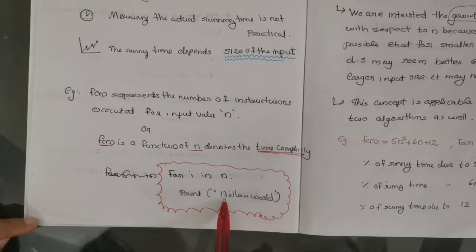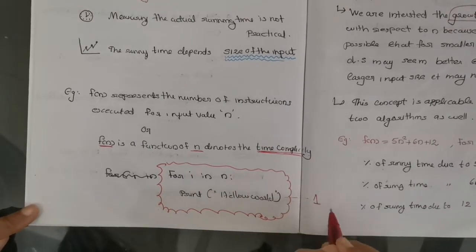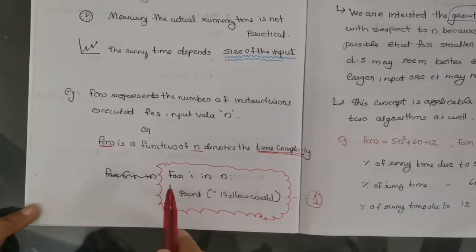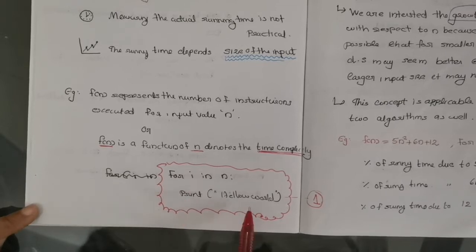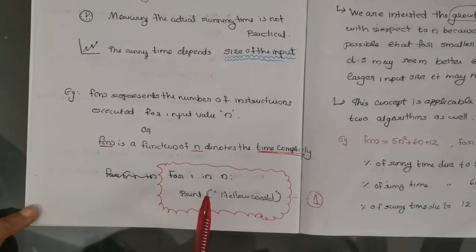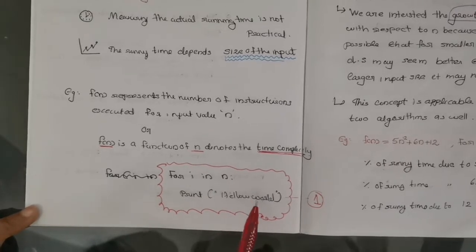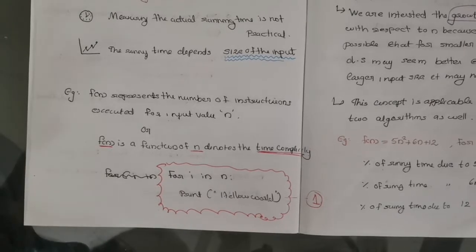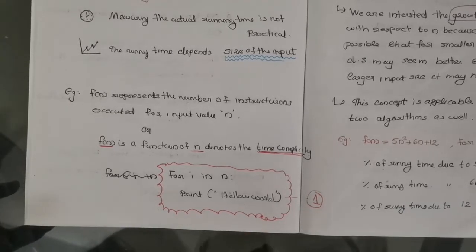If you assign 1 unit of time for executing this statement once, then up to n times it will execute, so 10 units of time will be needed. But consider the same scenario with a thousand elements or one crore elements. One crore units of time will be taken to execute. That means it is huge, right?